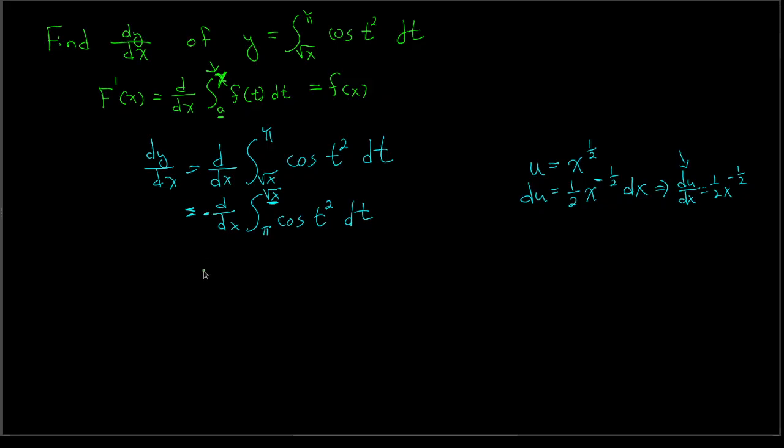And so now what I can say is dy dx is equal to dy du times du dx, as for my chain rule.